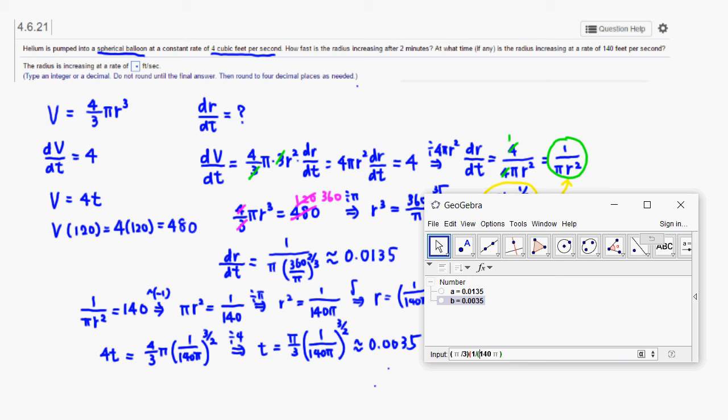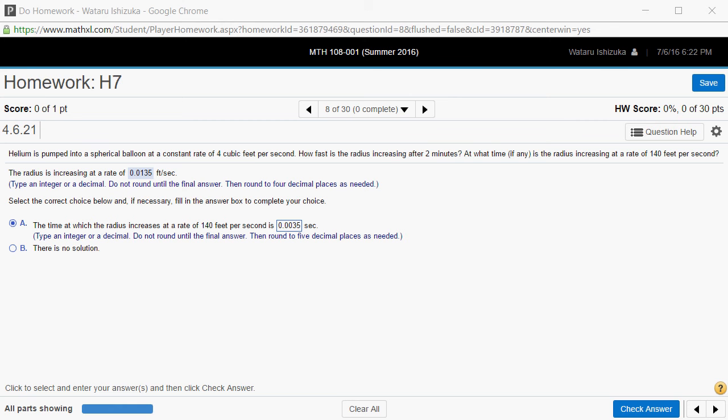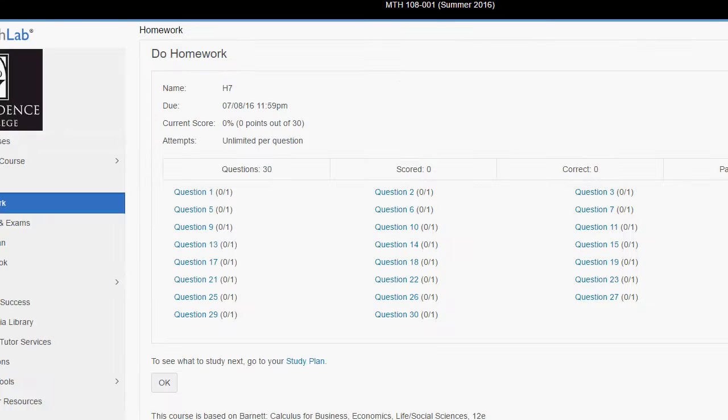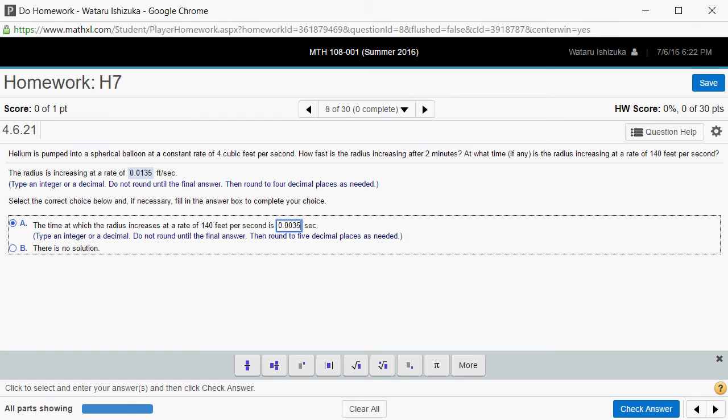I'm going to put in the extra parentheses and raise it to the 3/2 power. Hopefully this will produce a different number. All right, so it came out to be 0.001. I'm not sure. So let's try 0.001. All right, let's check the answer.